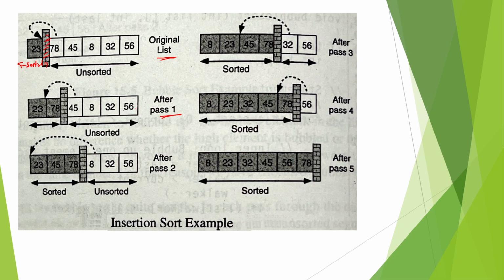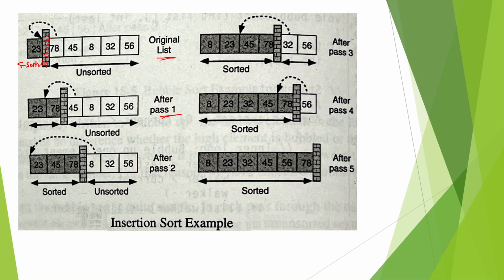In the next step, after sort pass 1, we are picking this 45. As you can see, this arrow is showing we are picking this 45, and we clearly can see that this 45 will go between 23 and 78. So that is what we have done. We picked it and placed it between 23 and 78.